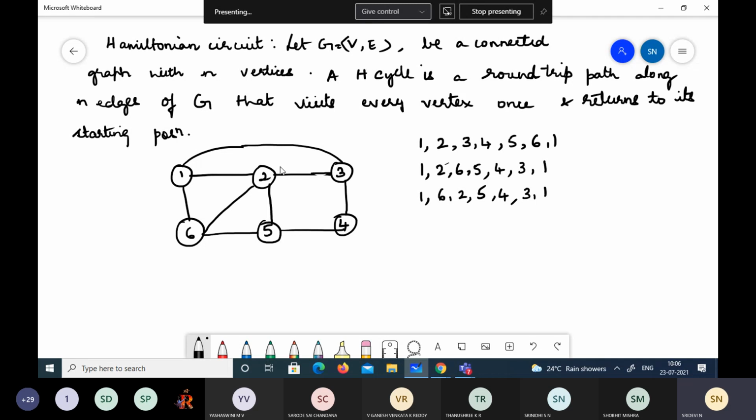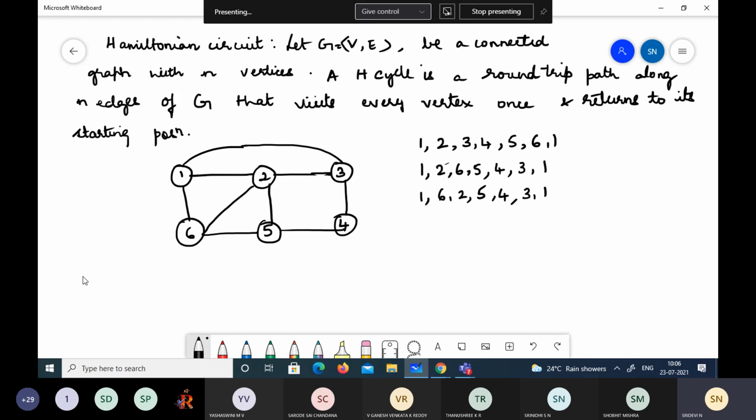TSP is the one which will produce the shortest Hamiltonian cycle. So what is TSP? Finding the shortest Hamiltonian circuit is nothing but the traveling salesperson problem. So what is the traveling salesperson problem?